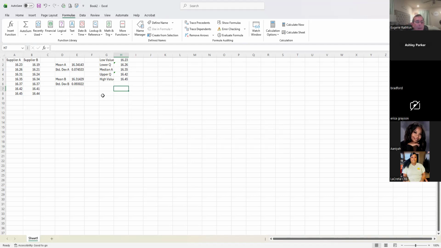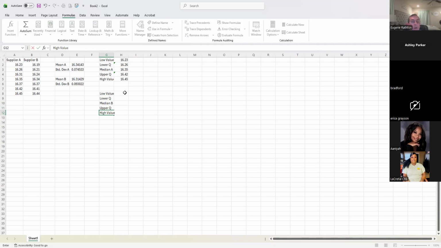Now for B, I'll get their low value, lower quartile. What was next? Their median for B, the upper quartile, and then finally our high value.